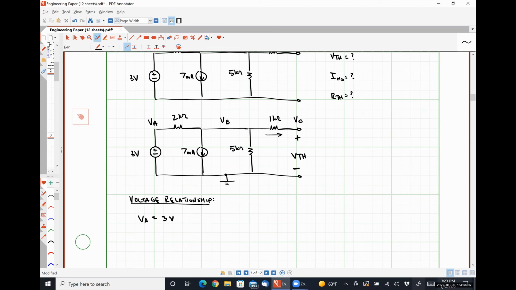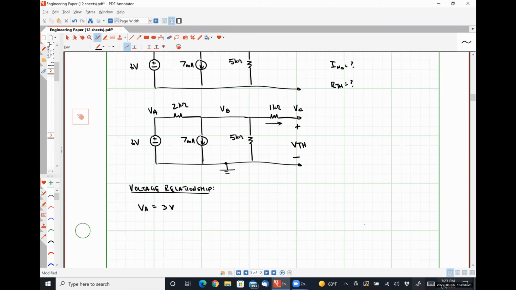Since our supernode, remember, if we're applying nodal analysis, anytime we have a voltage source, we have a supernode. In this case, it's between node A and ground. And since our supernode contains ground, we do not need to do KCL at that supernode. We can move along to our KCL equations at our other nodes, right?